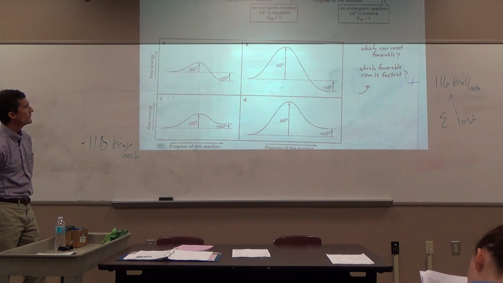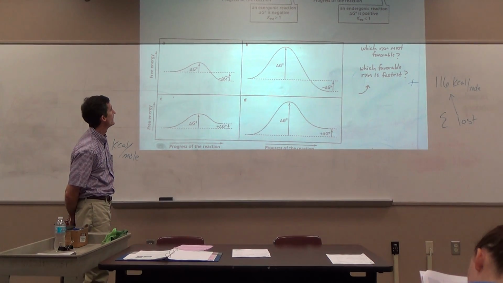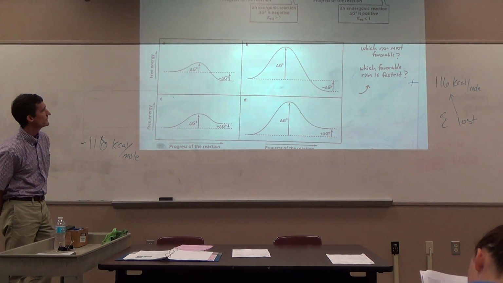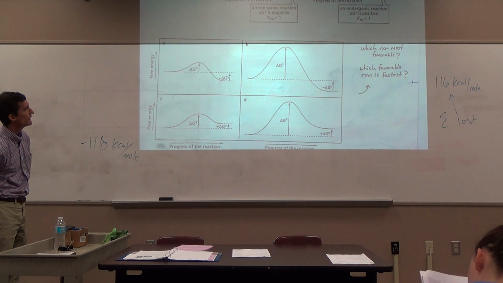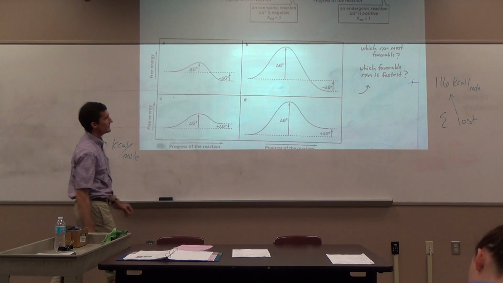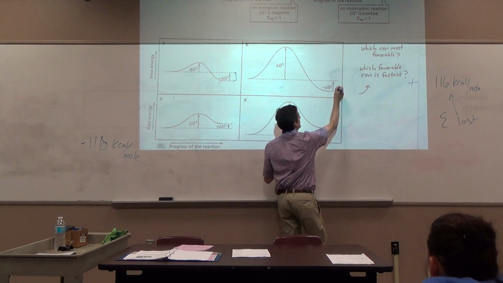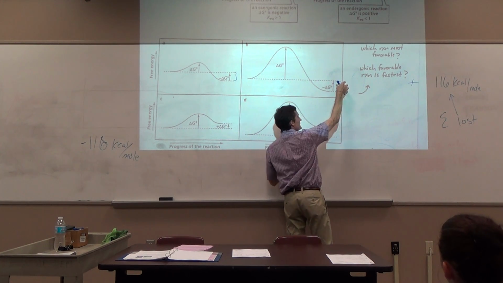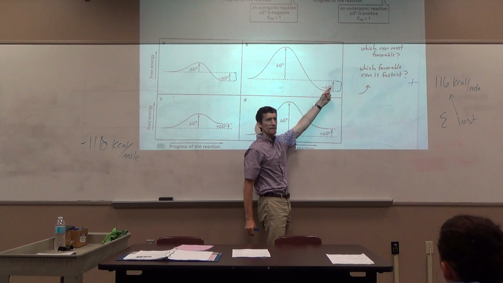Favorable. Well, of the top two, which one do you like occurring? A. Why A? Lower activation. The other thing is, is it the same as this? No. This is more exothermic, right? Or exergonic. I think that's more favorable.